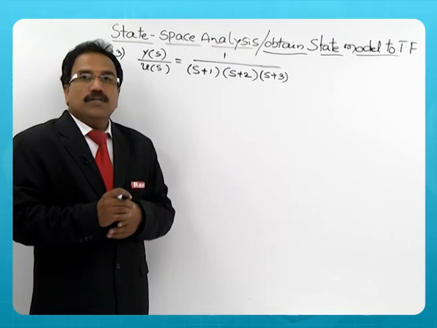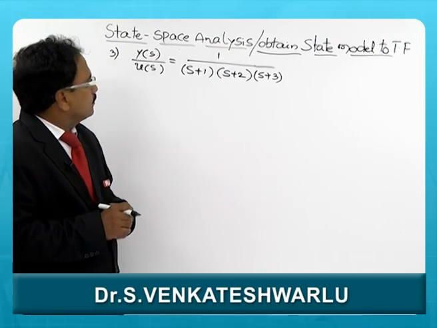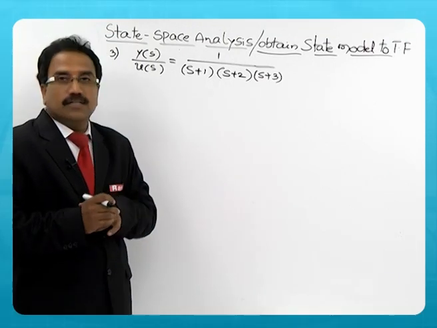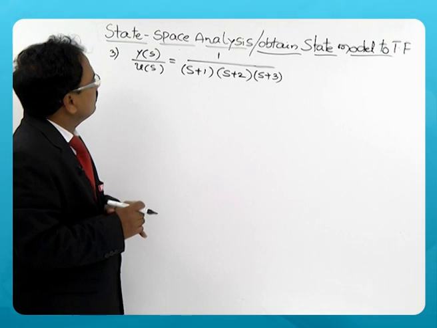Obtain the state model again for the given transfer function, which has 3 poles and no numerator zeros in this system.